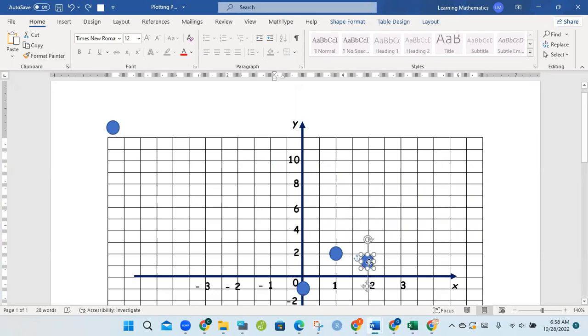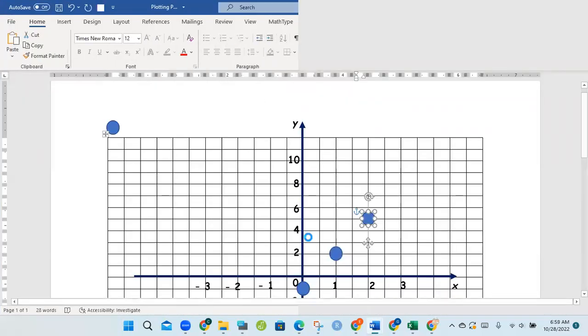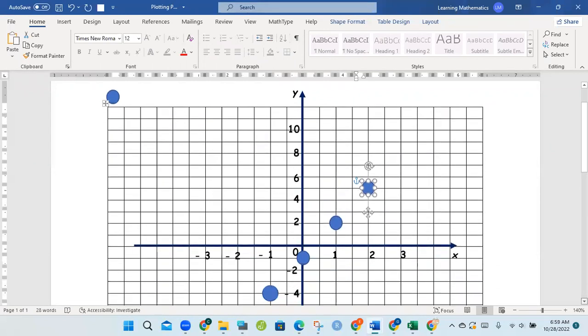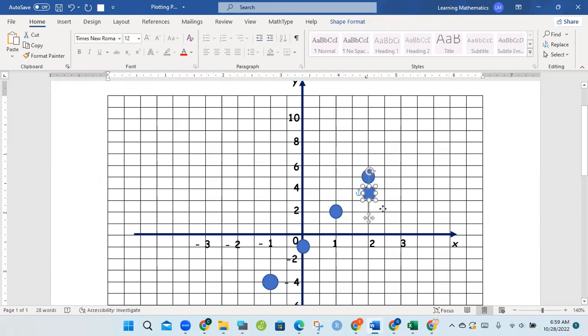And we have to go up to 5 on the Y, which is between 4 and 6. And 3 on the X, and go up to 8 on the Y, so we can use this last point. 3 on the X, and go up to meet 8 on the Y.